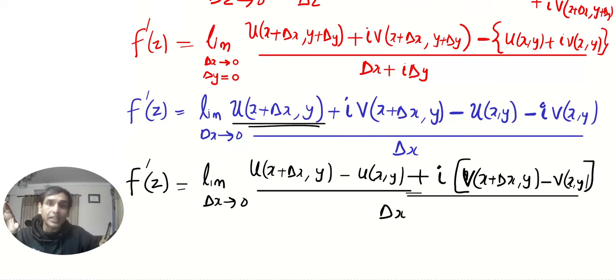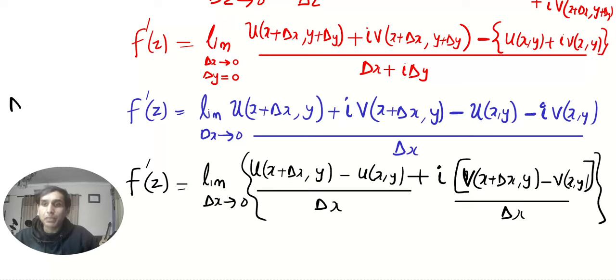I am combining u and I am writing the imaginary part over here, and in the next line I am going to apply the property (a + b)/c = a/c + b/c. Now look at this. If you know a little bit of calculus called the partial derivatives, can you see what I have written here is the definition of partial derivative.